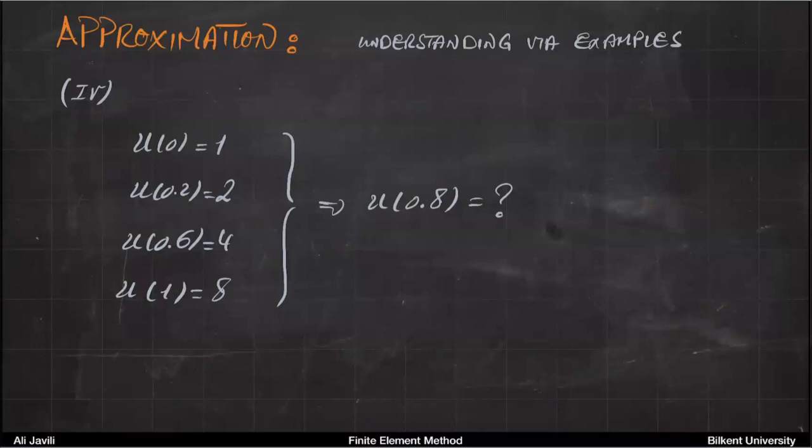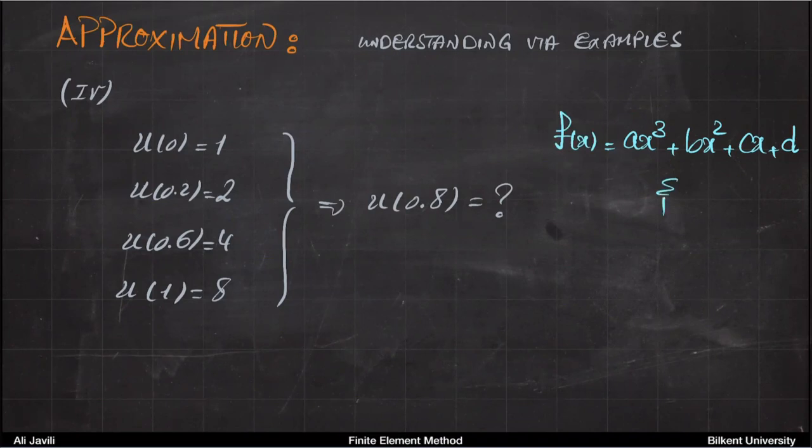So let me just say, okay, if it is a cubic function, then now you would do something like f of x equals ax cubed plus bx squared plus cx plus d. So you would have four equations, four unknowns to calculate the coefficients.